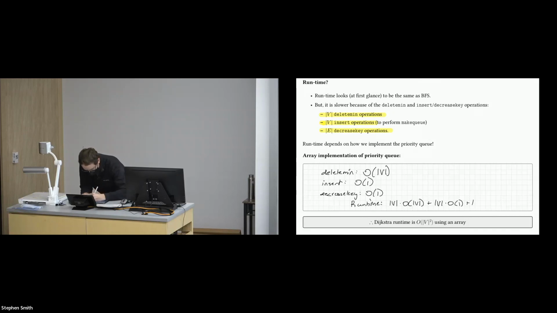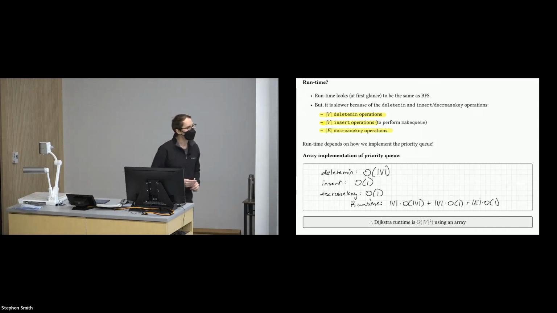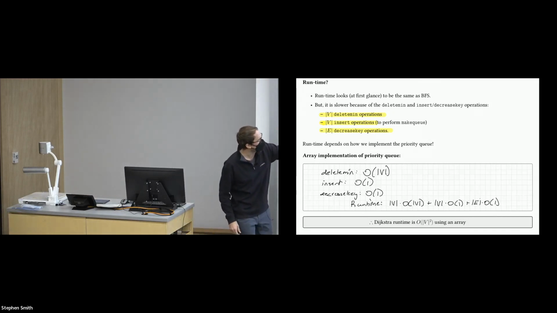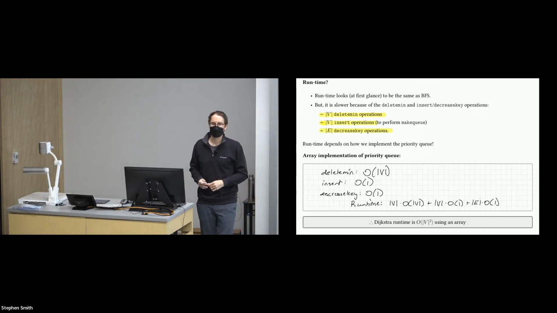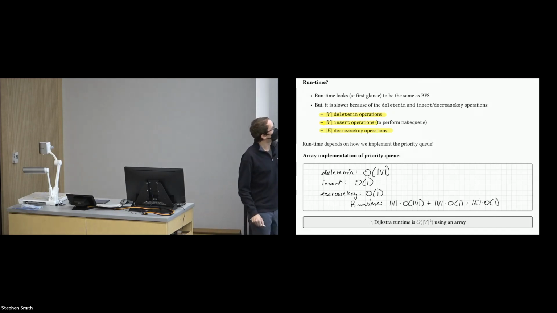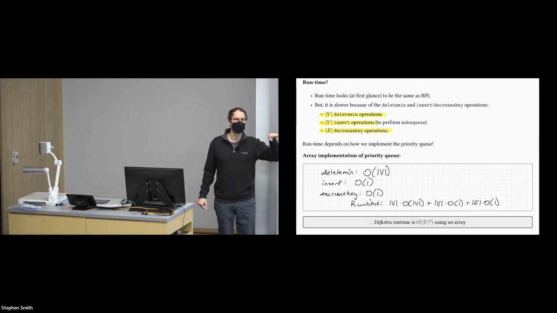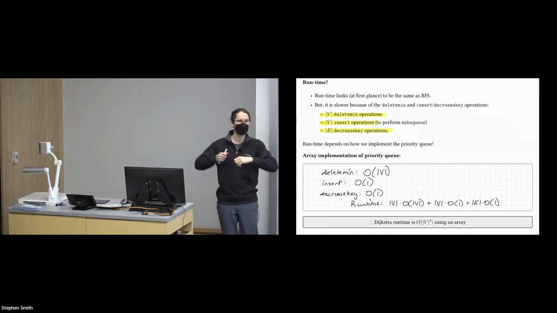And we have to do e decrease key operations, each being order 1 time. So the dominating factor is going to be v times big O of v, right? In other words, accessing the minimum element each time. So that's the bottleneck if we use an array, is the delete min operation. We have to do it v times, each time it costs us order v.